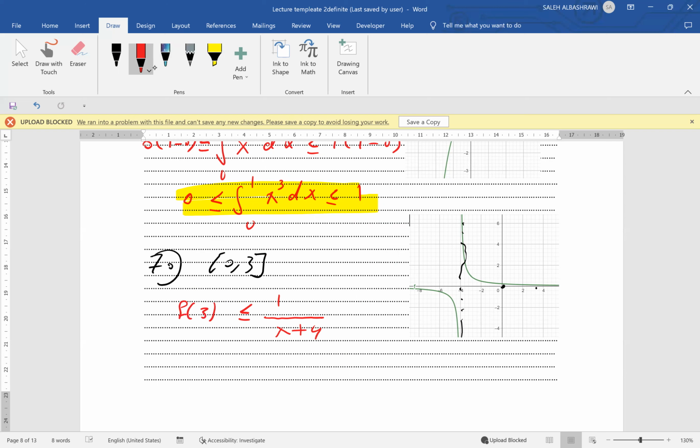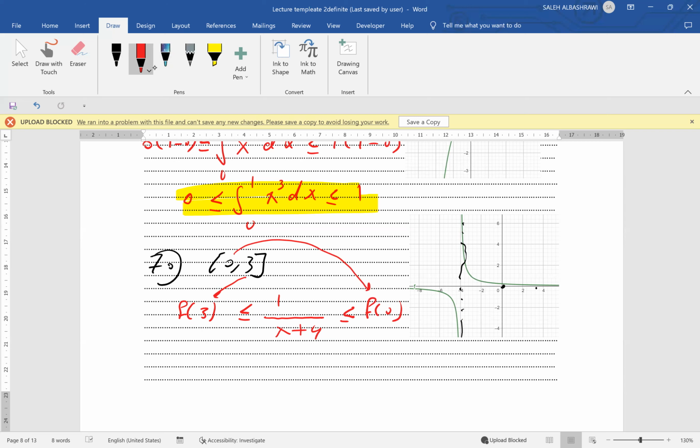It is continuous over a closed interval, so I have a maximum and a minimum. The maximum is f of 0, at the left end because it's decreasing, and the minimum is at the right end.